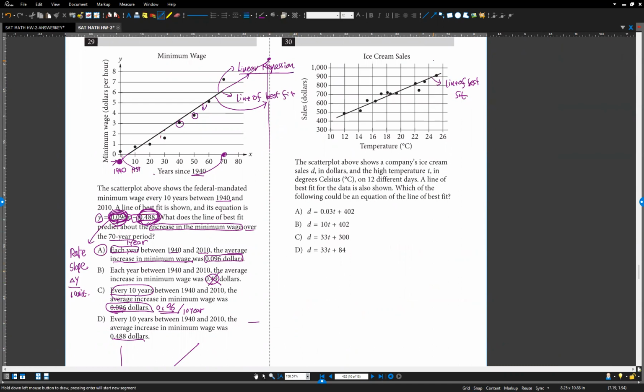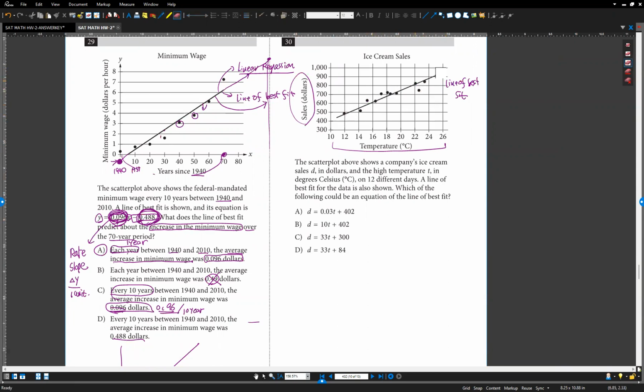The scatter plot above shows a company's ice cream sales D. And just to try to understand what the scatter plot said, approximately 12 different days: 1 day, 2 days, 3, 4, 5, 6, 7, 8, 9, 10, 11, 12 different days.